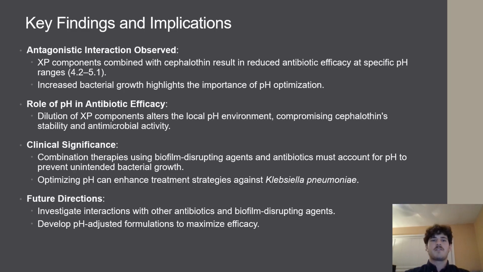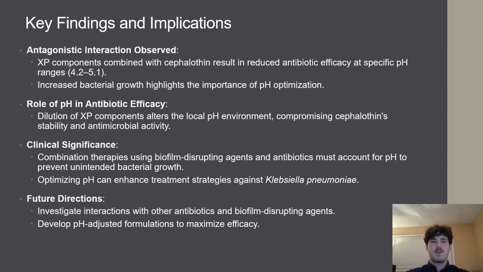The key findings for the study were that there was an antagonistic interaction observed between the Xperience components and cephalothin, and that actually resulted in a reduced antibiotic efficacy at certain pH ranges, and these ranges were 4.2 to 5.1. This highlights the role of pH in antibiotic efficacy, where pH should not be forgotten about when combining biofilm inhibiting solutions and antibiotics.